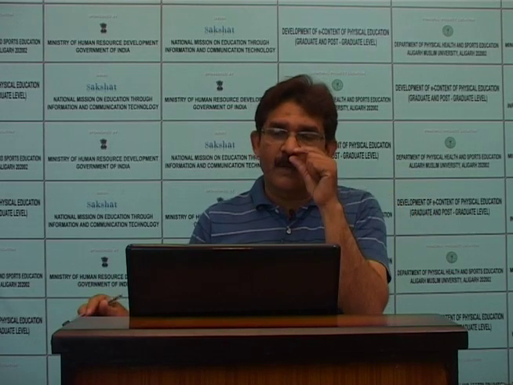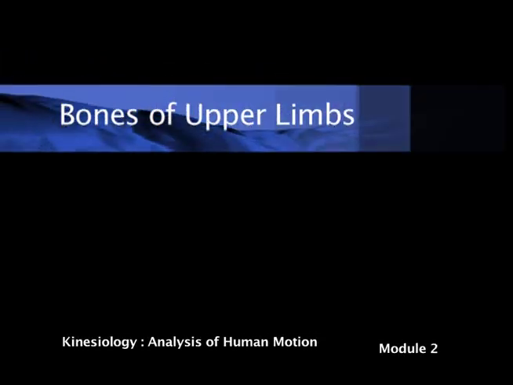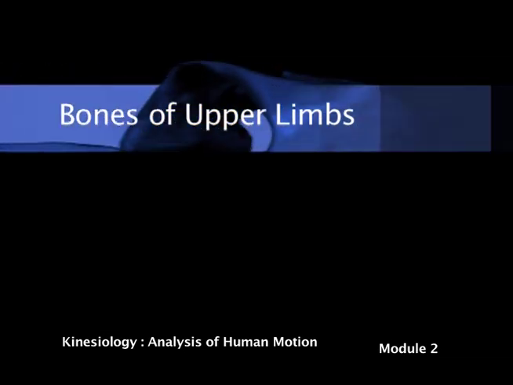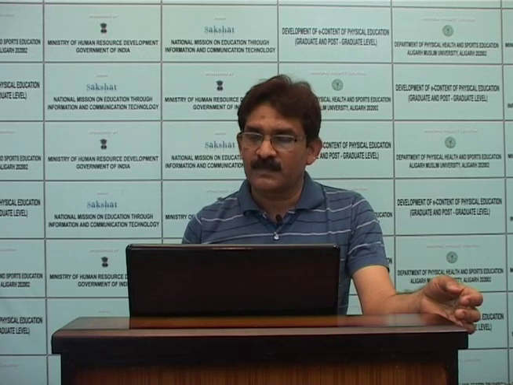Bones of the lower limb. Composition: pelvic girdle, hip bone; bones of the free lower limb: femur in the thigh, patella, tibia and fibula in the leg, tarsal, metatarsal, phalanges in the foot.